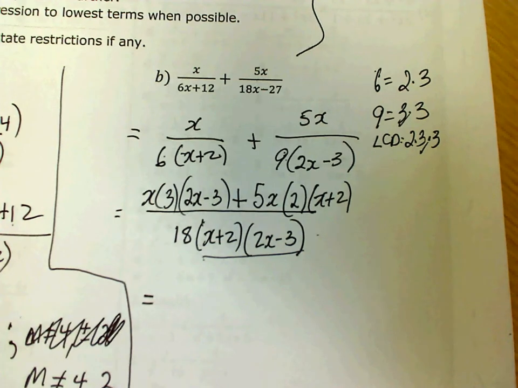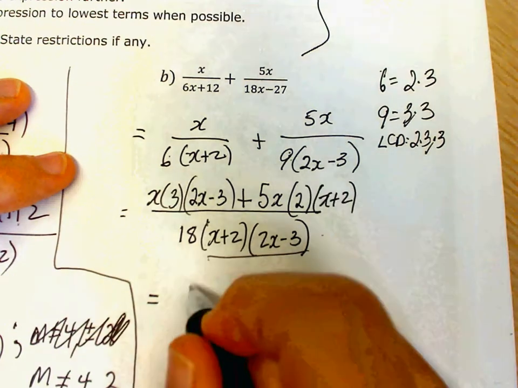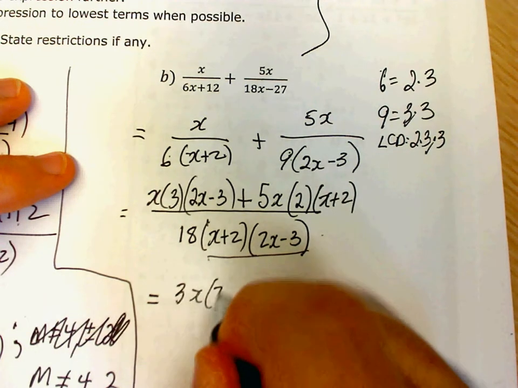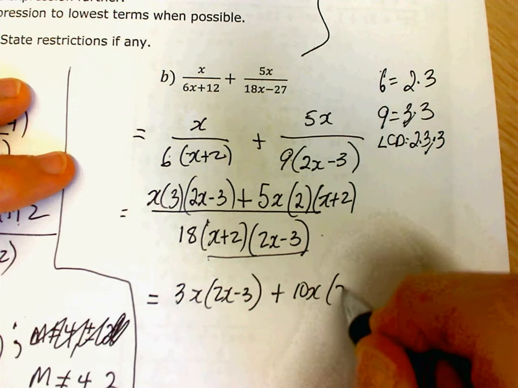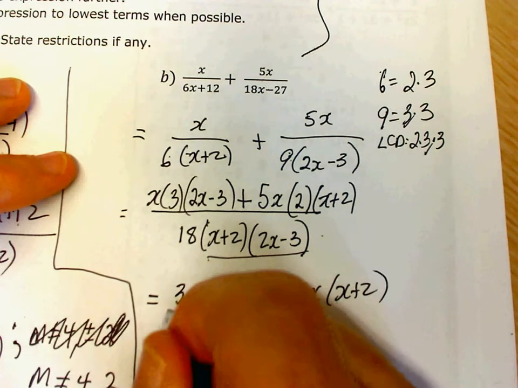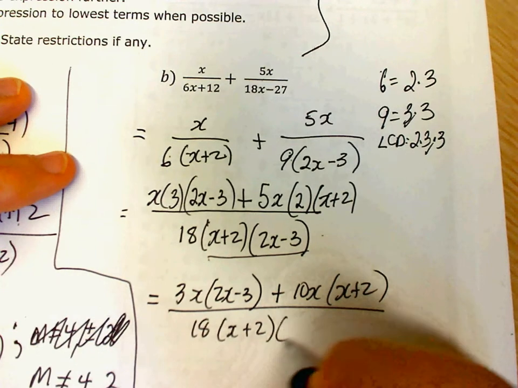So 3x times 2x minus 3 plus 10x times x plus 2 all over 18 times x plus 2, 2x minus 3.